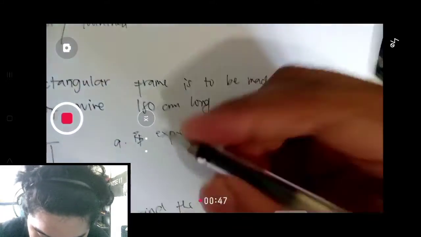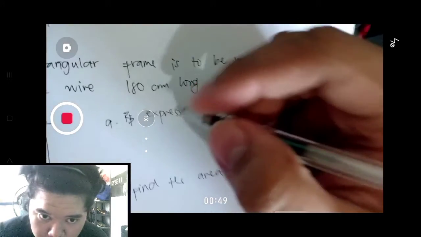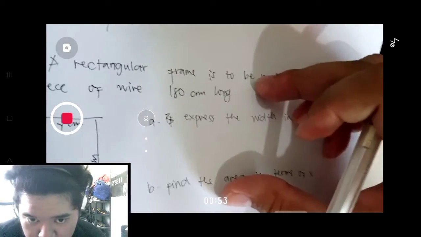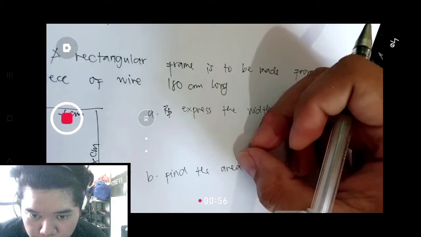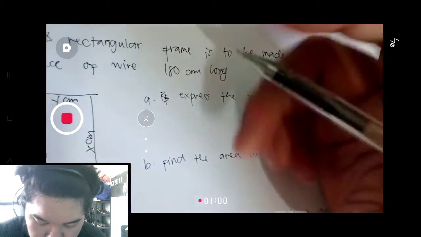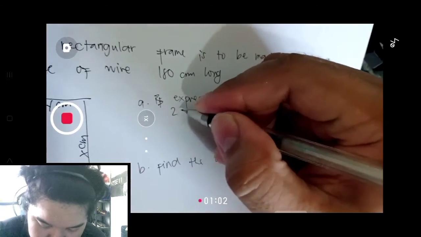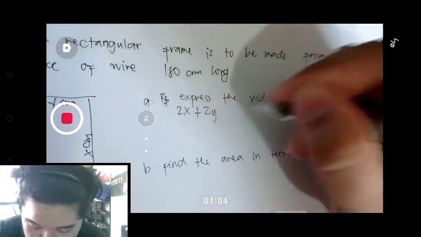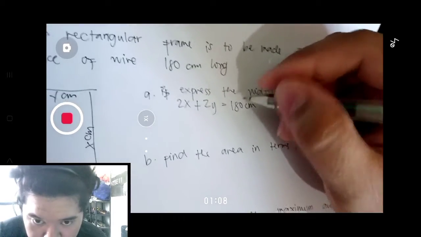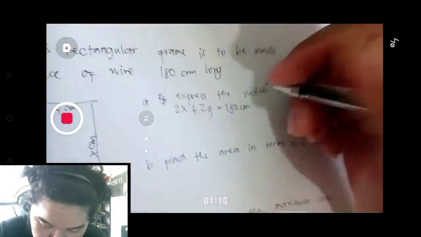So to express, diba, we all know na yung perimeter ng rectangle is 2 length plus 2 width, or basically it's 2x plus 2y is equals to 180 centimeters.